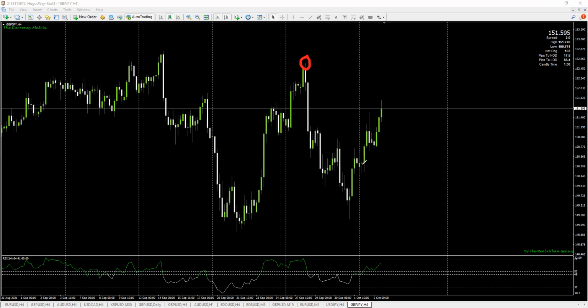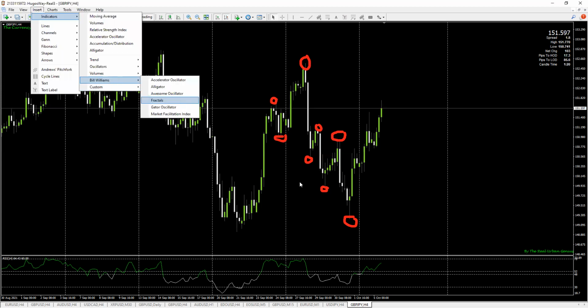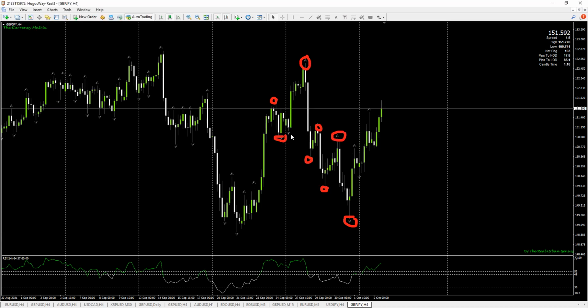Here's a 0. Here's a 0. Here's a 0. Here's a 0. Here's a 0. Now, again, 0 levels are where you would potentially see fractals. So if I turned on my fractals, I just eyeballed fractals. There would be your fractals, about 6 of them.